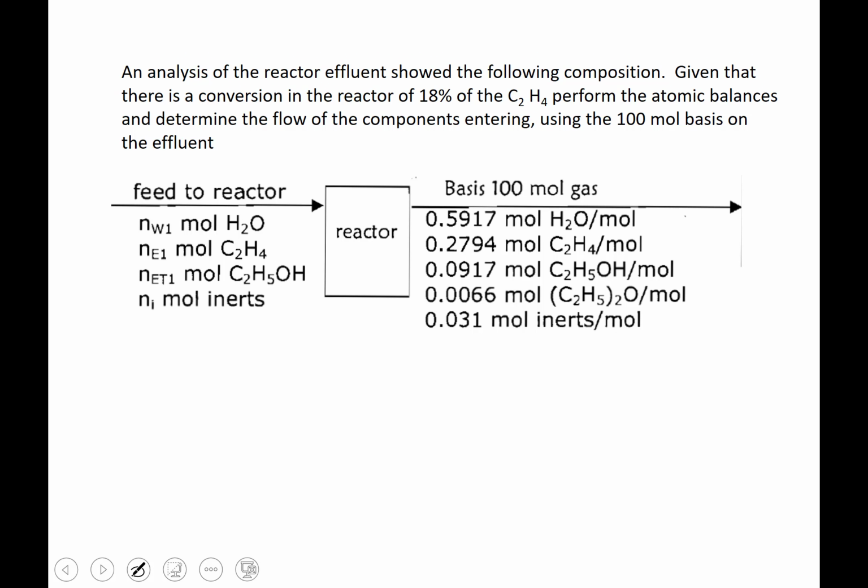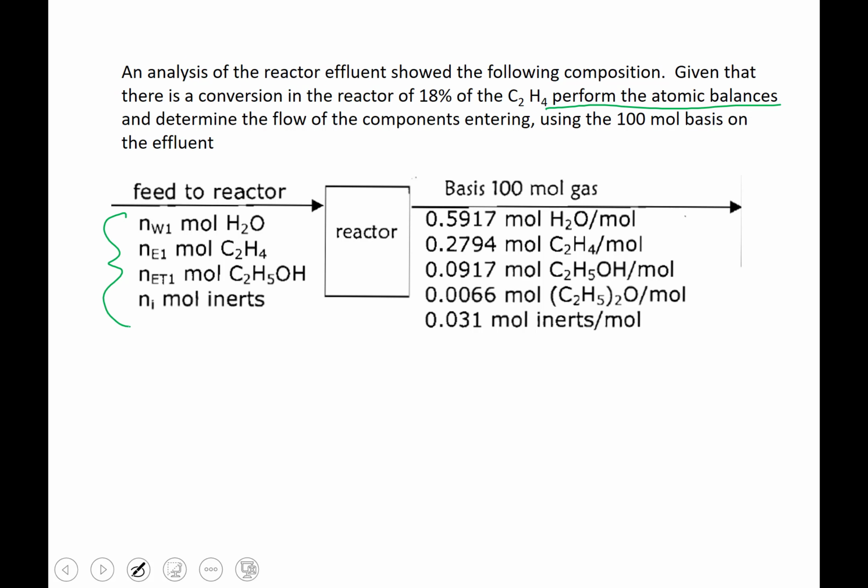Okay, so on this little process here, you're going to perform atomic species balances. And so what we need to know is how much of everything is going in. These are written as moles, not as mole fractions.